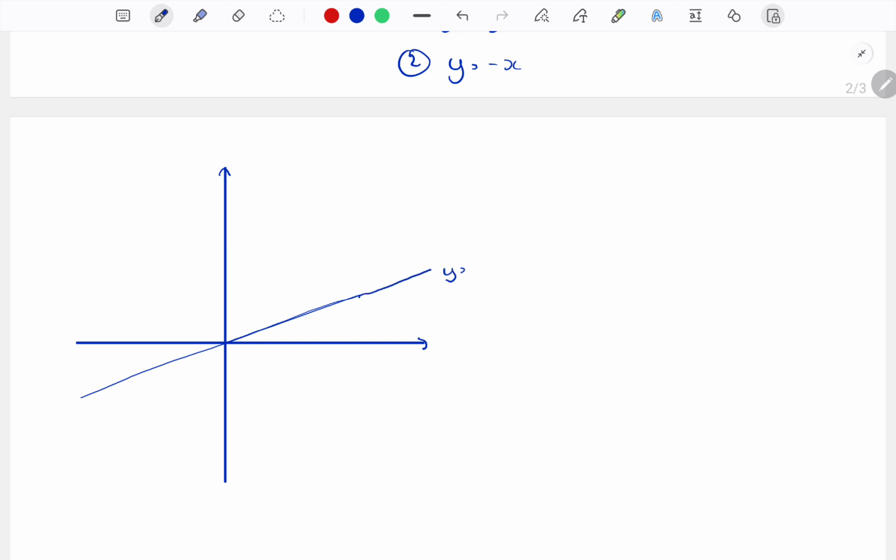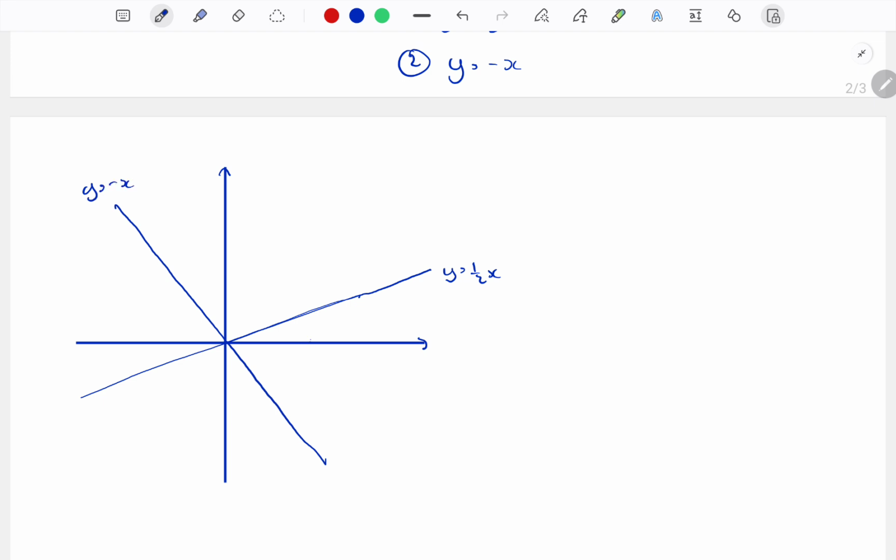So this here is y equals 1/2 x, and then this here is y equals minus x.